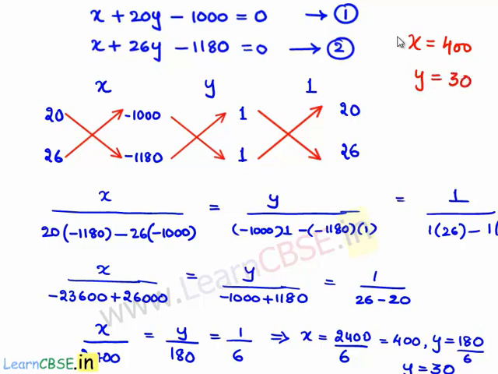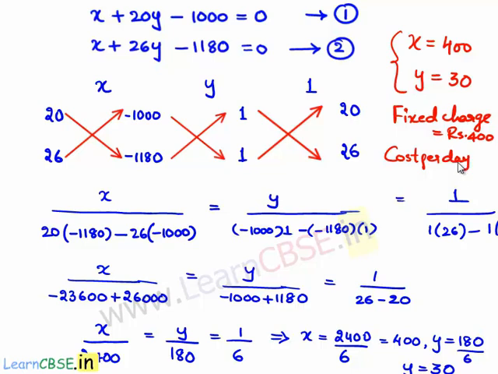So these are the required solutions of the given problem, that is X is nothing but the fixed charge, which is rupees 400, and cost per day is equal to 30 rupees.